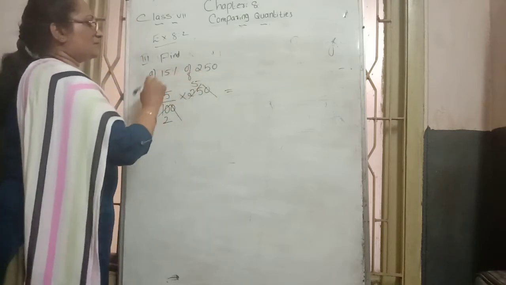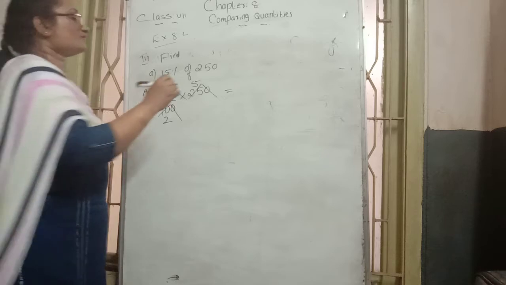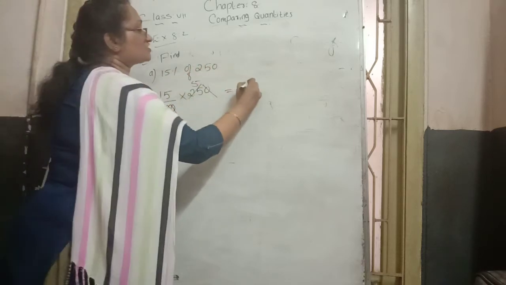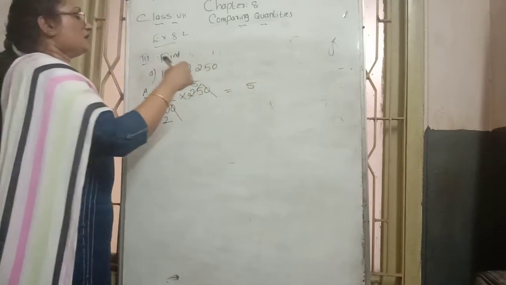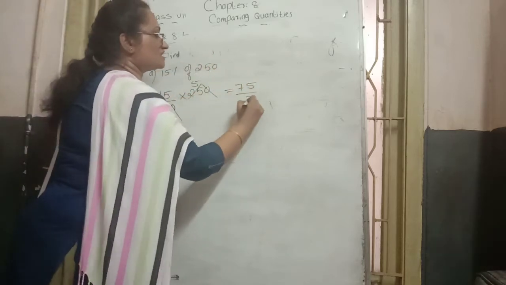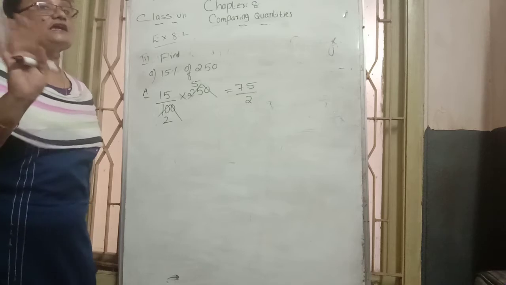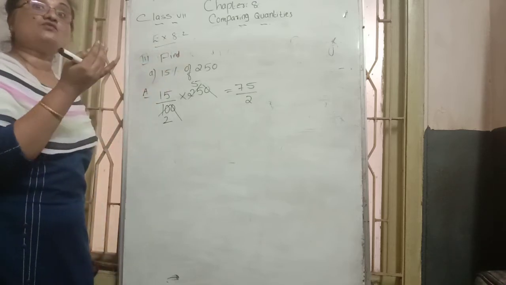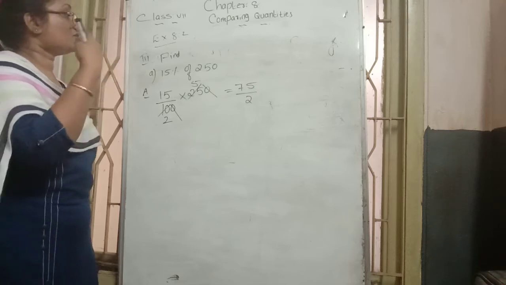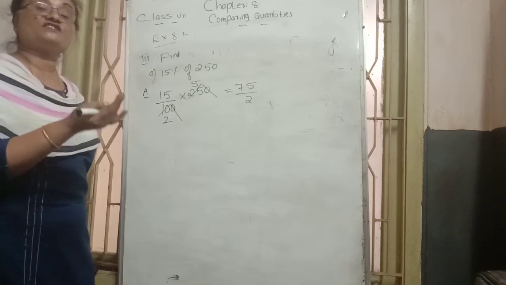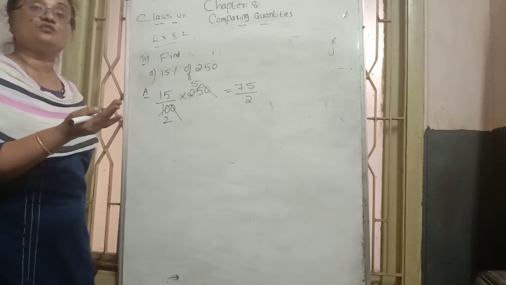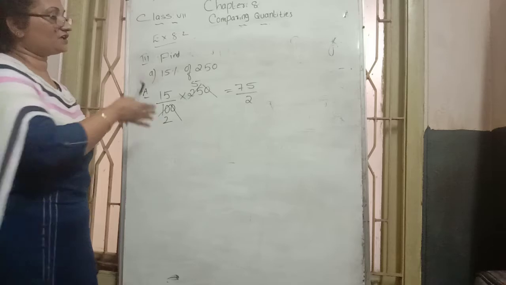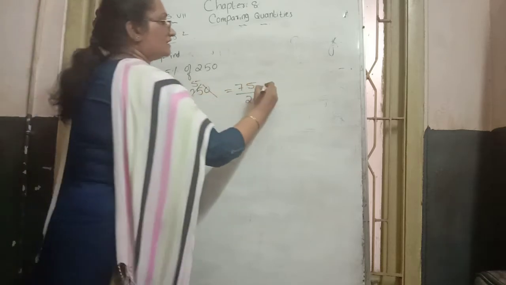Then multiply: 15 2s are how much? 15 5s are 75. Numerator into numerator, 75 will come. The denominator is 2. Here again we need not put the percentage symbol, we removed that one. Then do the division.